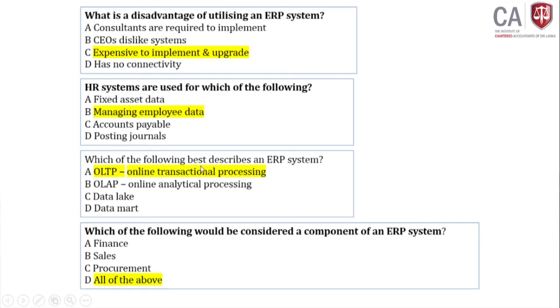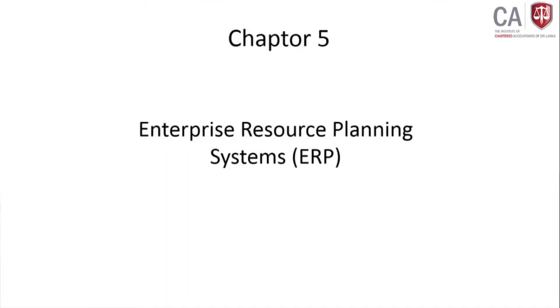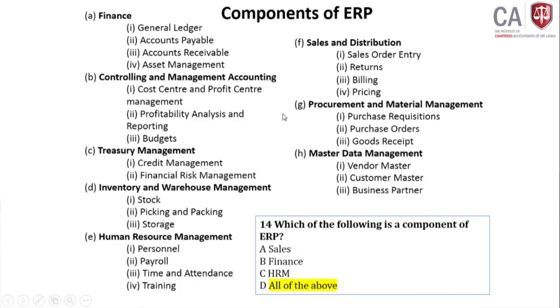Which of the following best describes an ERP system? Online transactional processing. Yes, it is a type of OLTP, online transactional processing system.